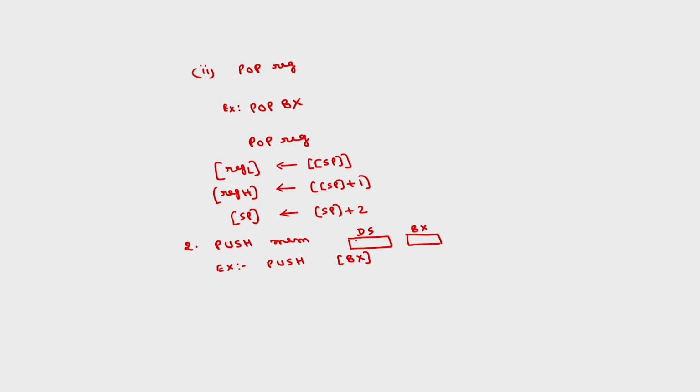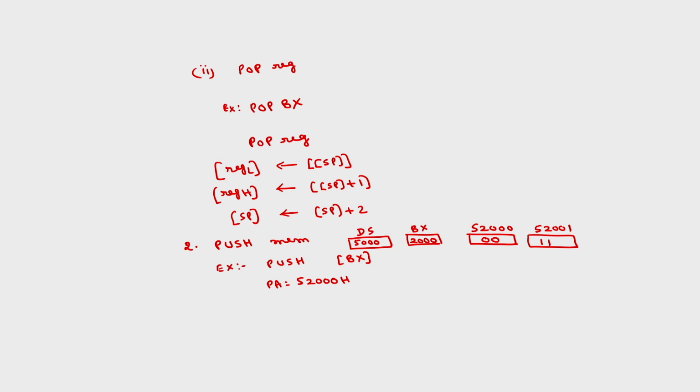BX is 5000, 2000, then the physical address will be 52,000, let in 52,000 and 52,001, if you have some 00, some 11 say.